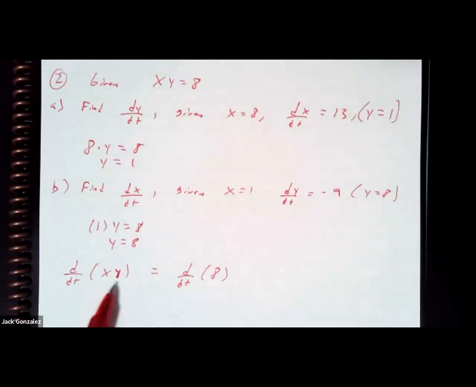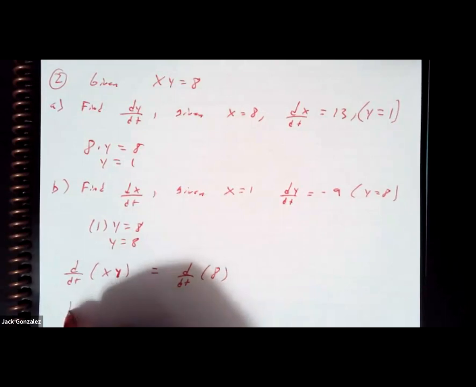And you see x times y, right? You mean like the product rule? Yeah, it's going to have to be a product rule, correct? I just need to do it implicitly.